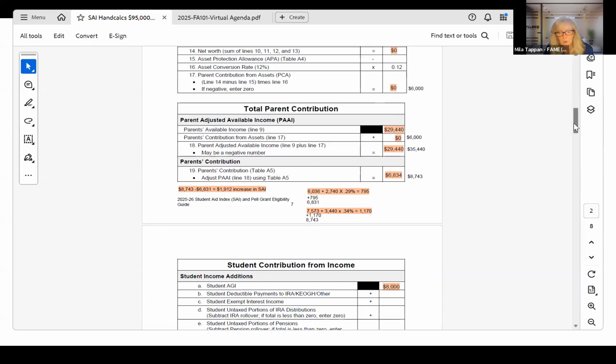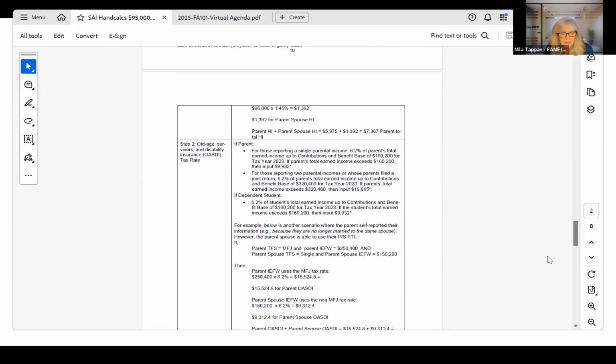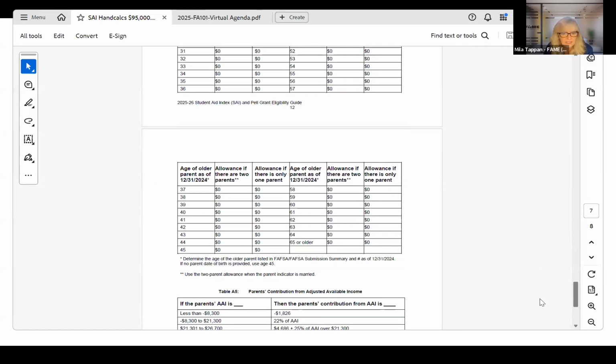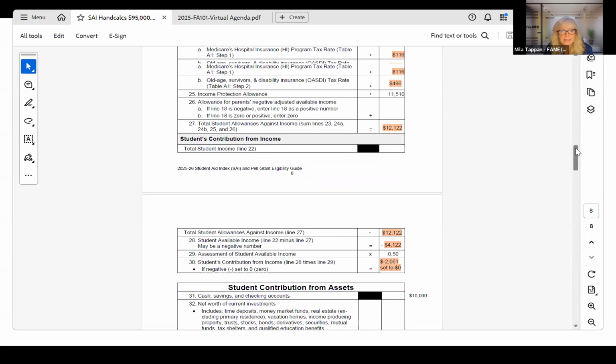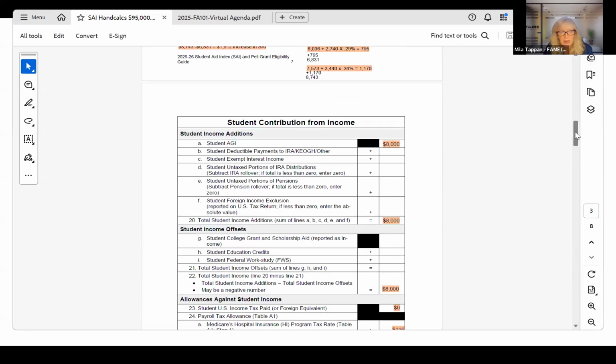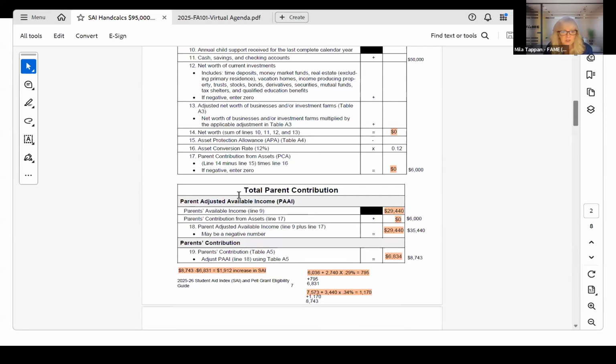Now, again, going into the weeds a little bit here, so just bear with me. Then when we come over to this table here, this is where we're going to recalculate what the SAI is. Okay? So again, it's not a straight addition to the bottom line, but instead it's an increase to the adjusted available income that then gets put through this wacky formula.